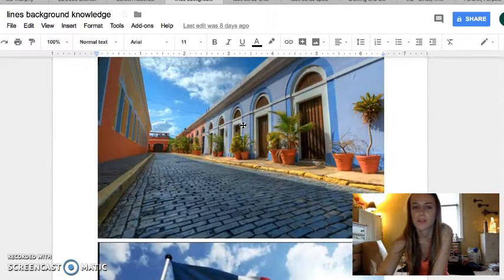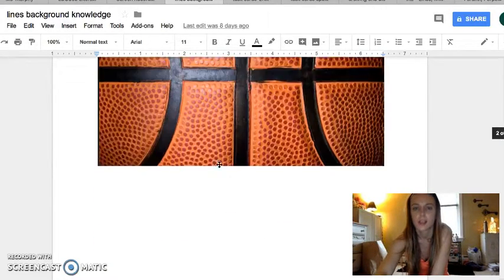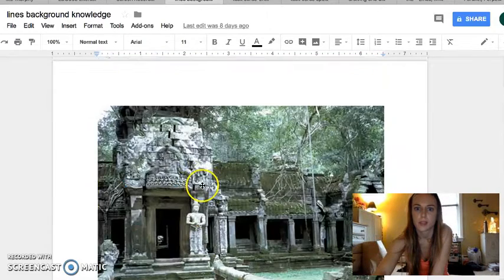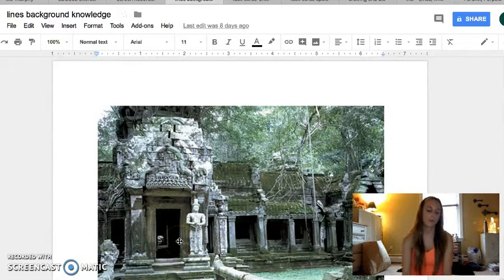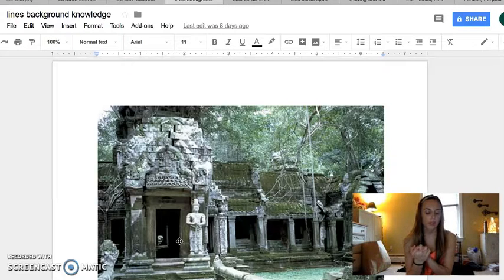So what I would have them do is look at the picture, and then they would point out all the different lines. So basically, I did that because I wanted to activate their prior knowledge, but I wanted them to be engaged in the lesson, and I wanted it to be motivating to them. So that was just like a really simple, easy, quick thing.